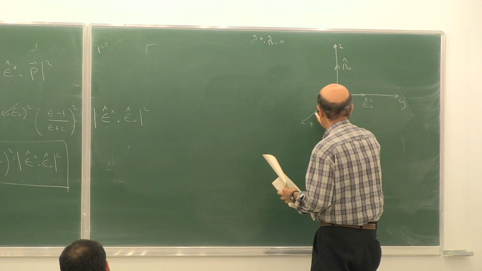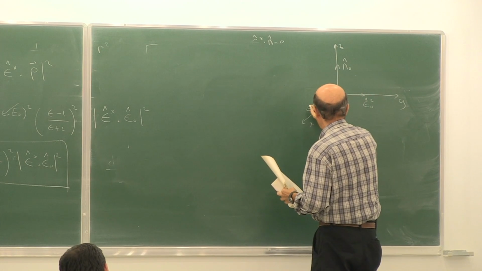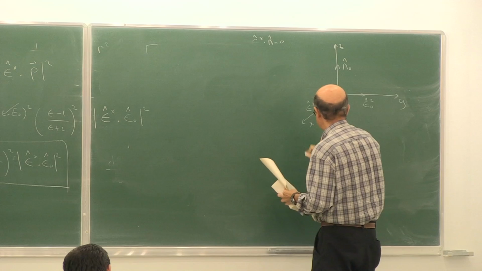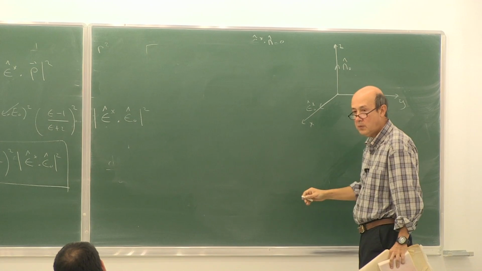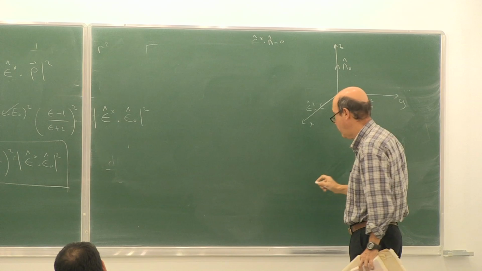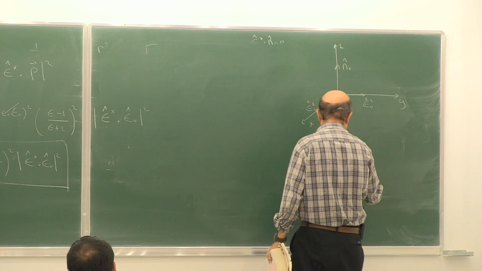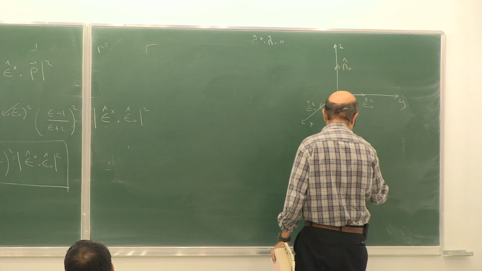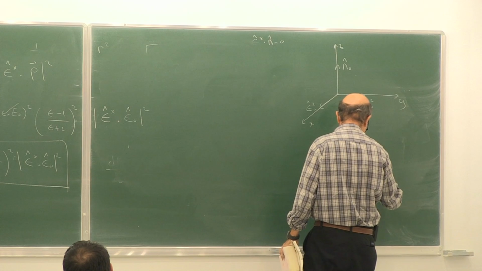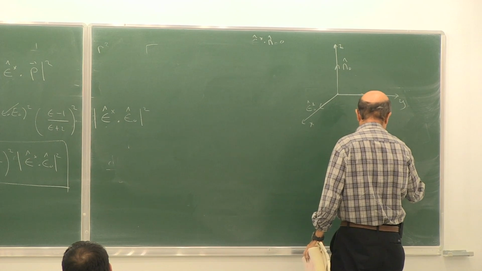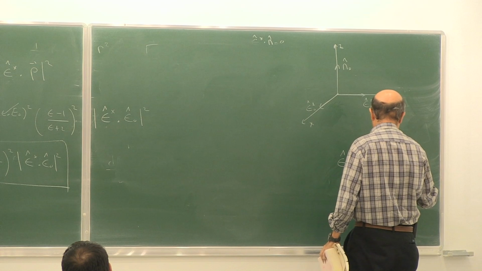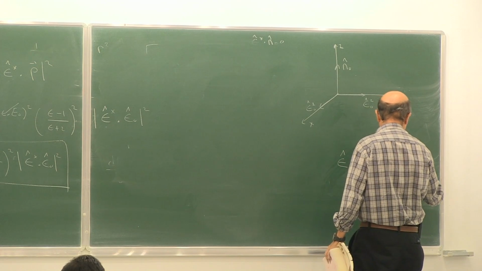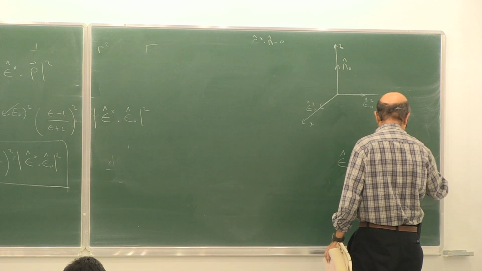Maybe I should put the epsilon 0, 1 to here. So the total polarization of the incident wave could be written as E0 as 1 over square root of 2 epsilon 0, 1 epsilon 0, 2.